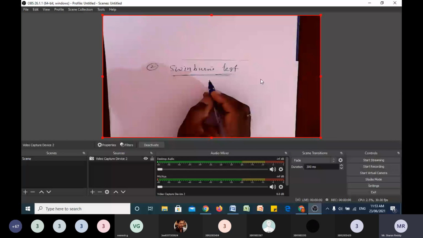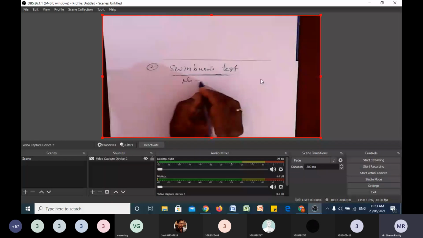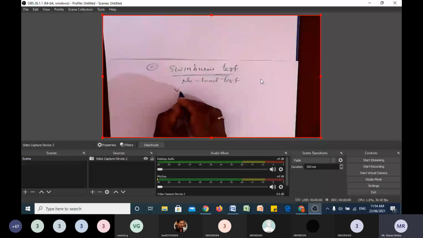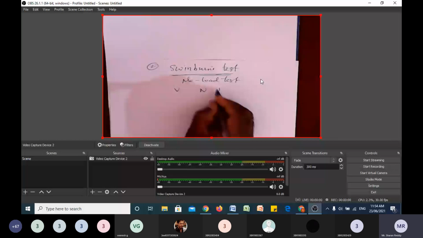This is also called the no load test. This is a simple test where we are recording only the supply voltage, the speed and the no load current. We have to adjust the speed. Only 3 parameters are recorded: voltage, speed and no load current.